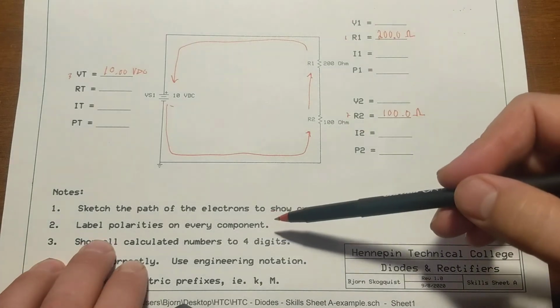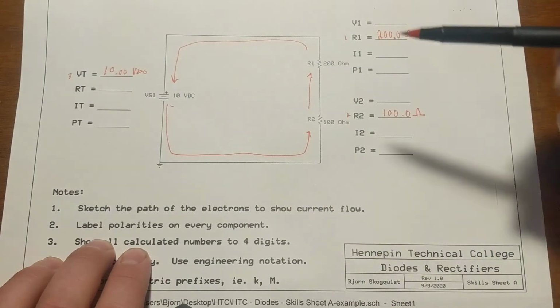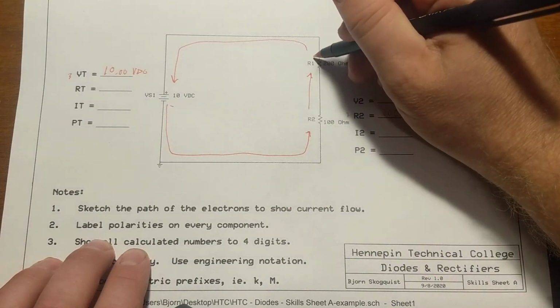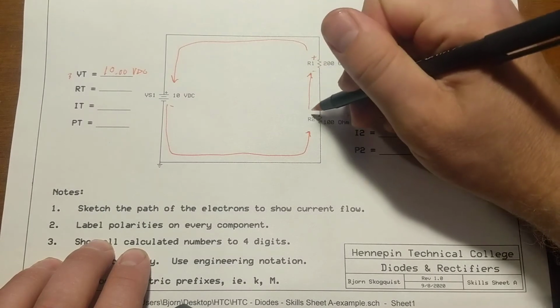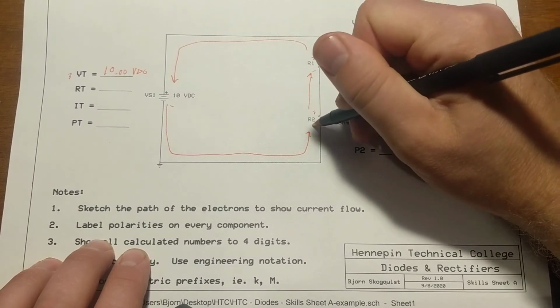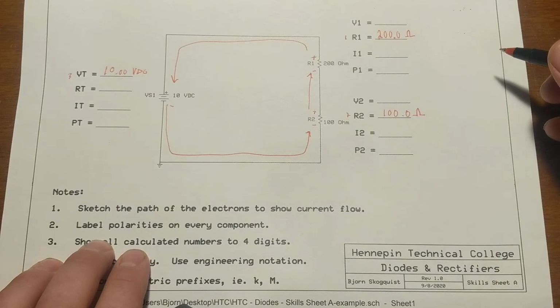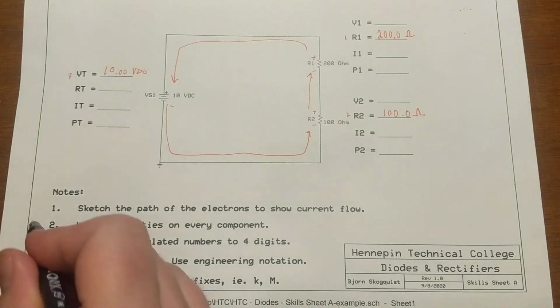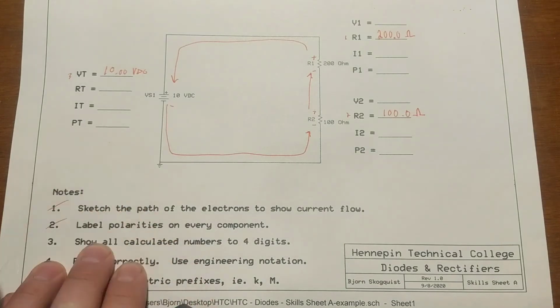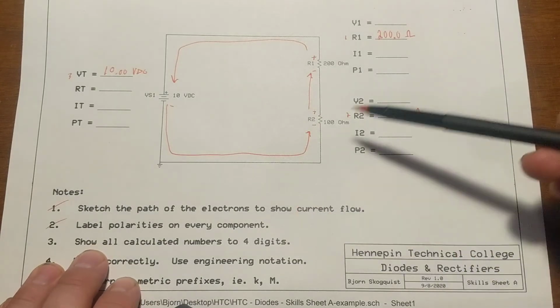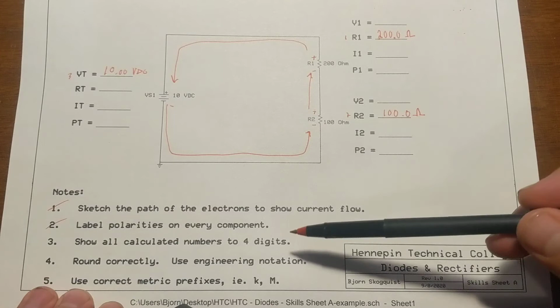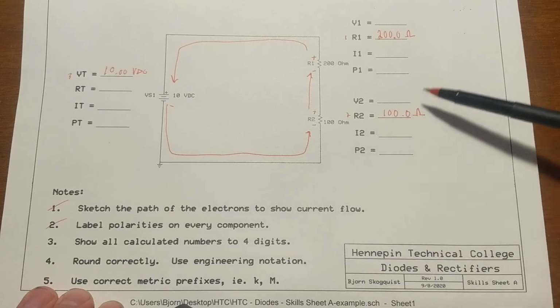Okay, the next thing it wants me to do is label polarities. So now I'm going to label my polarities. Here's the positive and negative sides of my resistors. Alright, so I took care of that one, I took care of that one. Show all calculated numbers to 4 digits. So far so good.